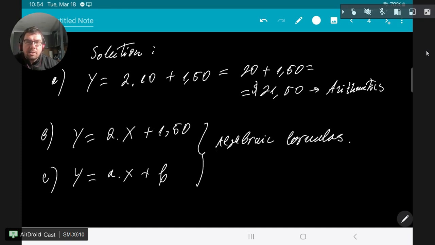Okay, this is the difference. I think this example makes it clear. If I want to calculate some specific calculation with specific numbers, I'm dealing with arithmetics. If I want to calculate something in the general case, regardless of concrete numbers, I'm using algebraic formulas. Okay, so far so good? Good.